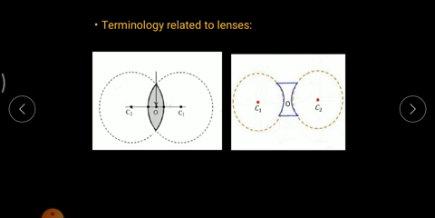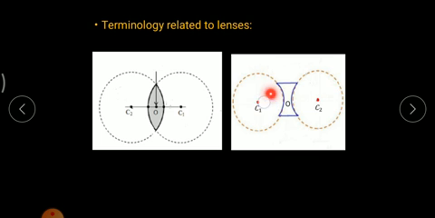This again is a concave lens. If I complete the path of this lens's refracting surface, it is nothing but an imaginary hollow sphere. I complete this path with imaginary dotted lines indicated over here. In the same way, I complete the other refracting surface with an imaginary hollow sphere.